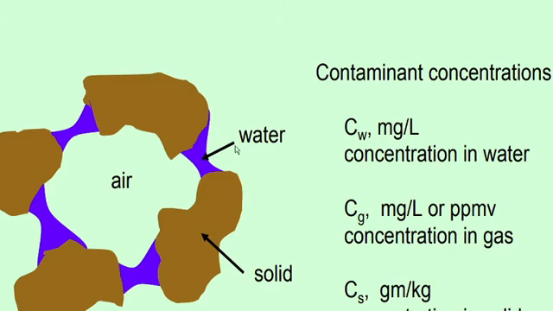If the contaminant gets attached to this solid particle, then it is going to be retained in this volume of soil. That means it depends upon the characteristics of that contaminant, how it is going to behave.